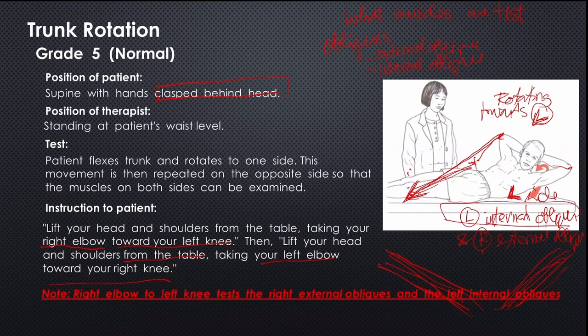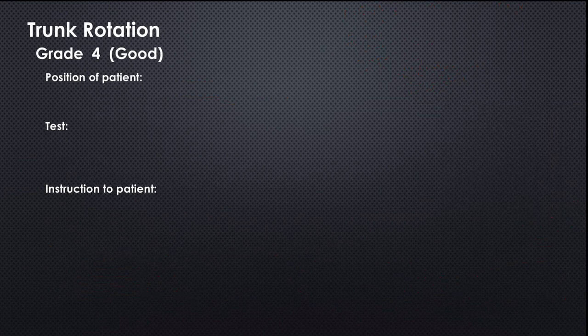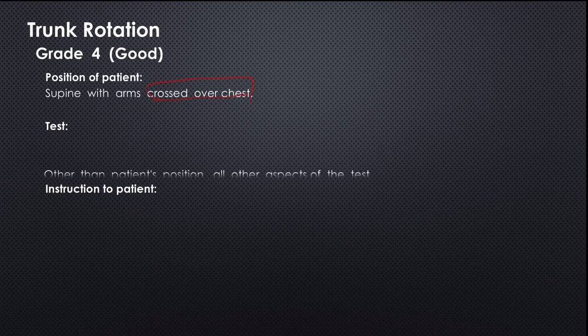Okay, it's here. Note, right elbow to left knee, right external oblique and left internal oblique. Right elbow to left knee, turning towards the left side. Okay, so trunk rotation grade 4. Position of the patient: arms crossed over the chest as usual to decrease the resistance by moving them closer to the center of gravity.